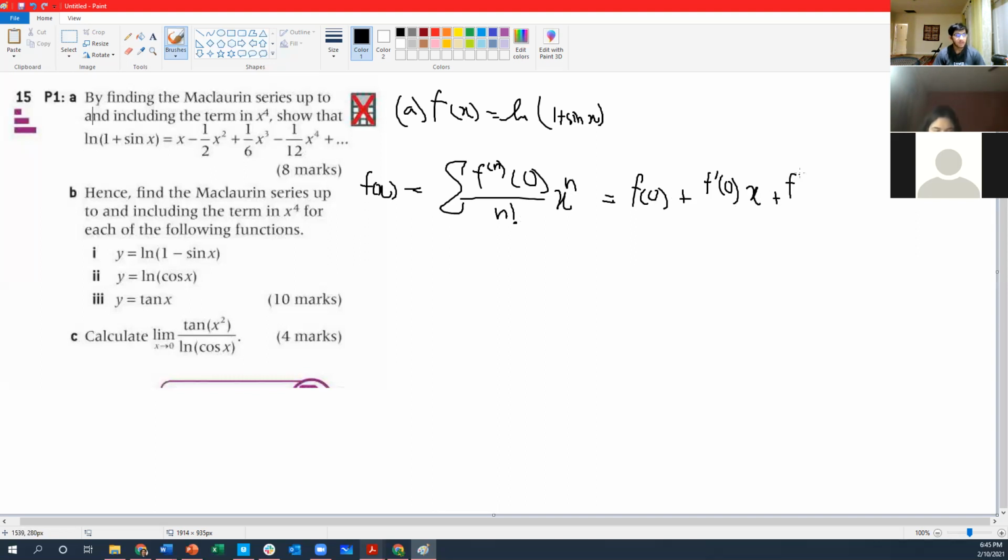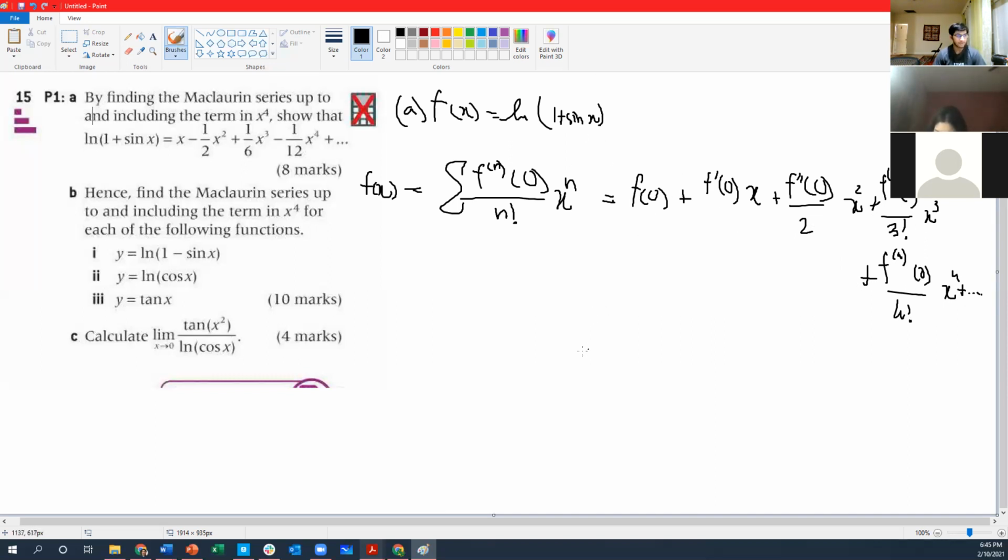Plus f double prime at 0 over 2 times x squared plus f triple prime 0 over 3 factorial times x cubed plus f fourth derivative at 0 over 4 factorial times x to the 4th. And then, of course, we have a dot, dot, dot, right? So now we actually have to find these derivatives. Otherwise, we can't do this.